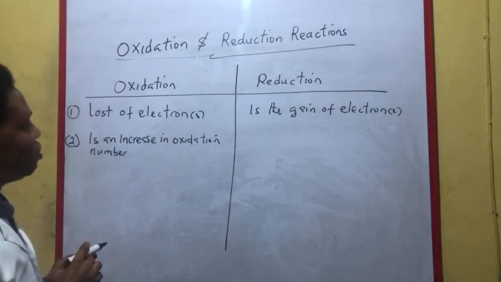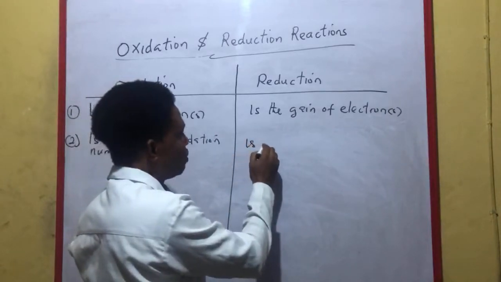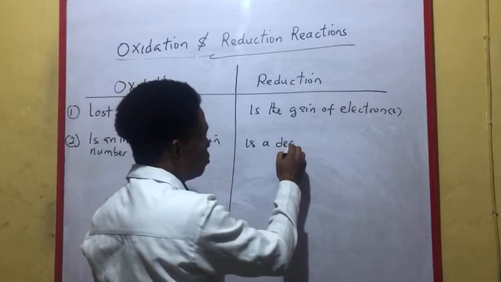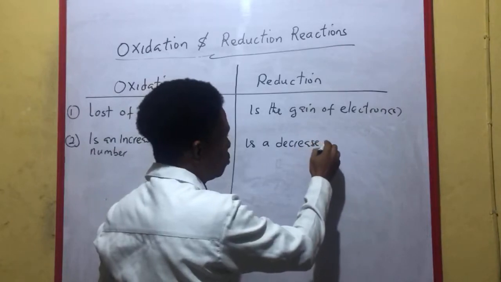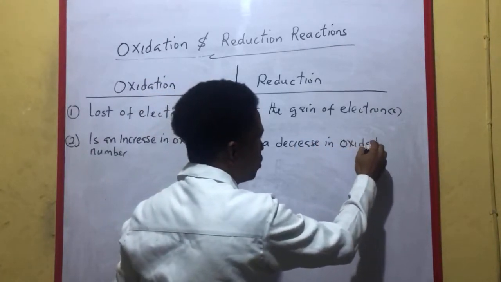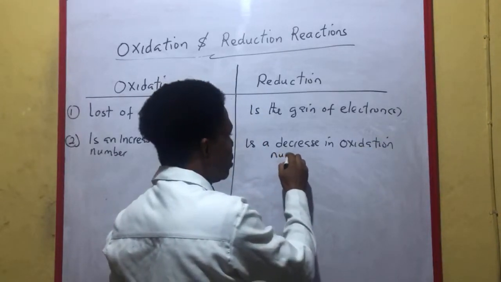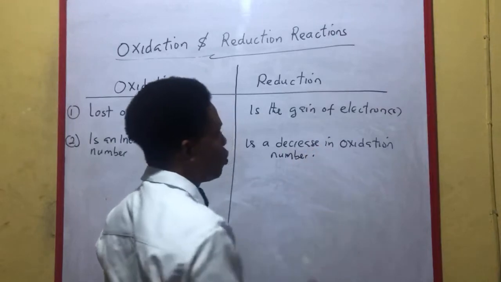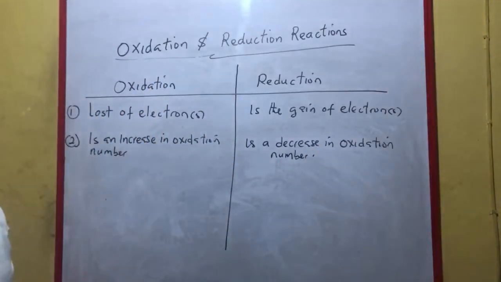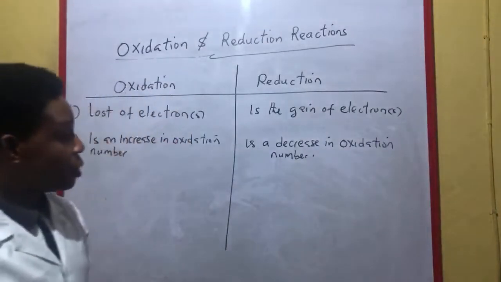Oxidation is an increase in oxidation number, while reduction is a decrease in oxidation number. When I give you examples, I will expatiate on the meaning of oxidation number.